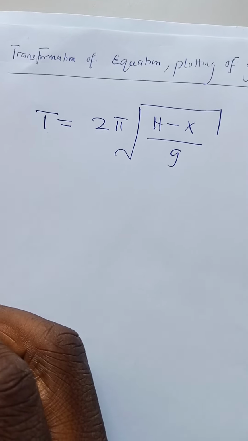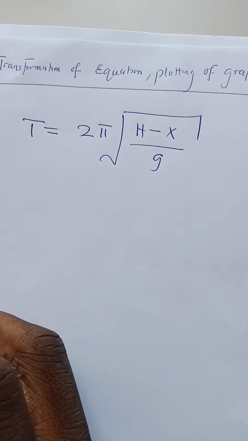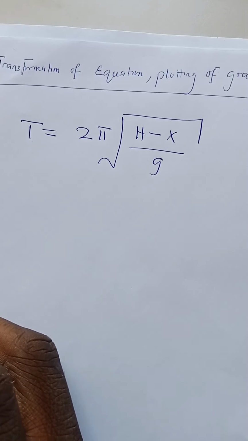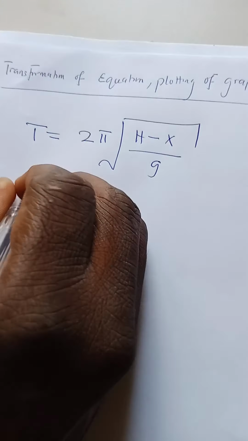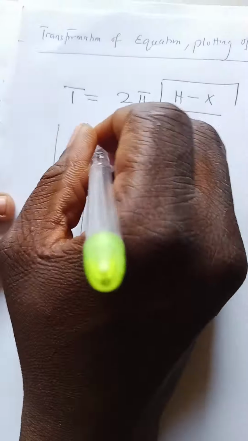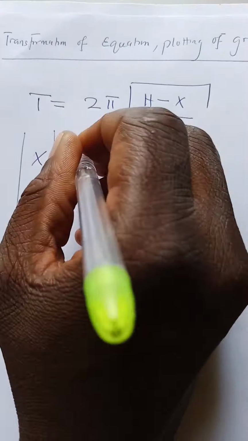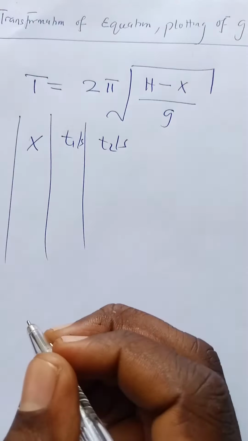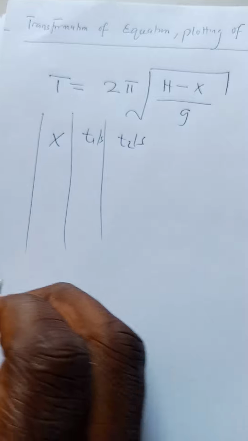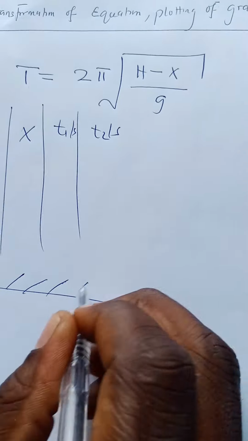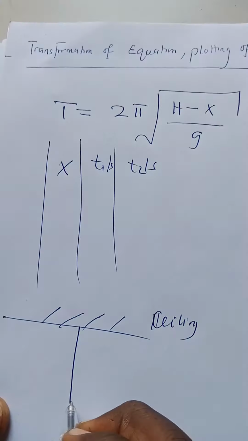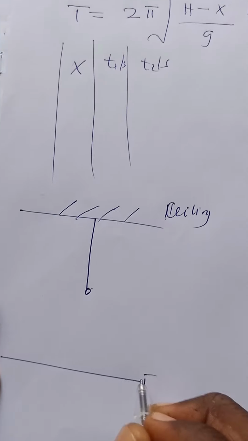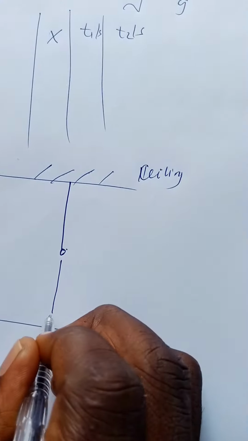Given this experiment, the setup is done and we have the table. From the table, we have x given with our times t1 and t2, all in seconds. Now, this setup has a sketch like this. If this is the ceiling and we have a simple pendulum bob, where this is our floor, we are given a meter rule.